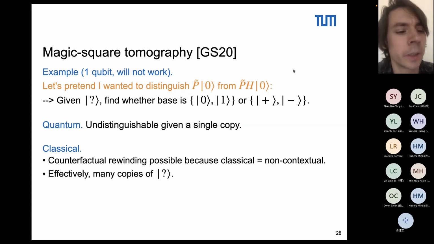But if I do a classical simulation, then I can rewind. I can make a measurement, then rewind and say, okay, let's say I made a different measurement, and then I make a different measurement. So effectively, this classicality of the simulation allows us to make measurements on many copies of this unknown state.